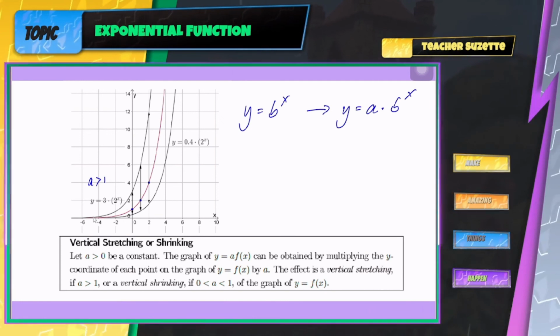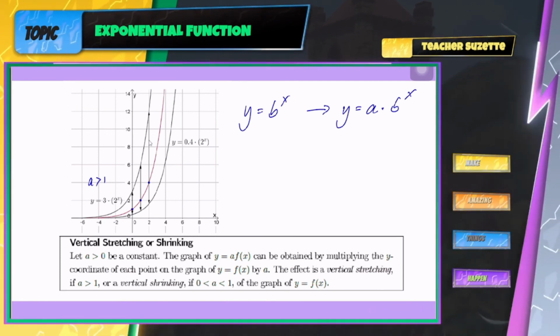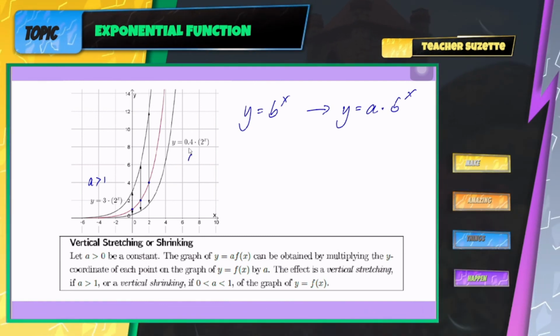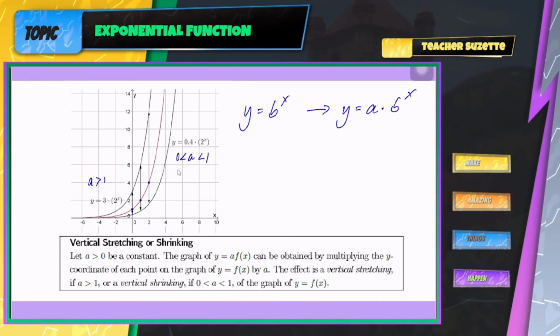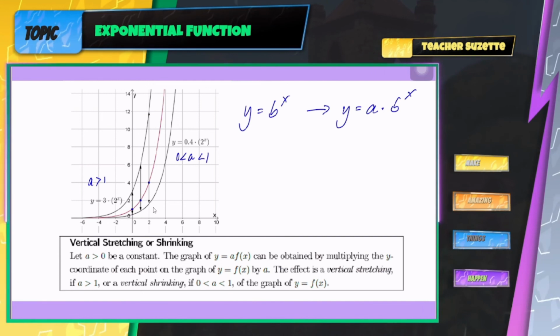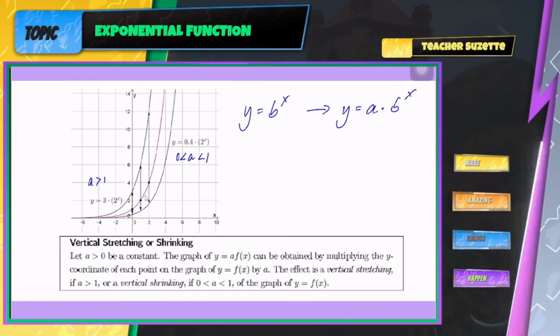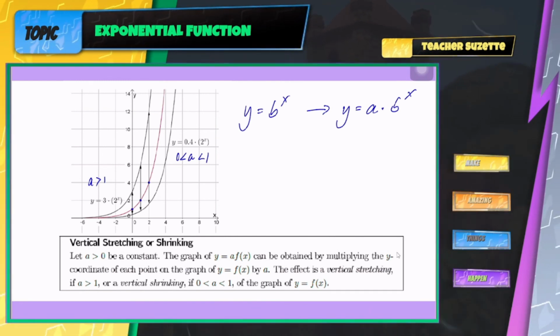Then, for this graph naman, wherein ang ating a is between 0 and 1, what happens to the graph is nagkaroon siya ng vertical shrinking with respect to our y is equal to f of x graph.